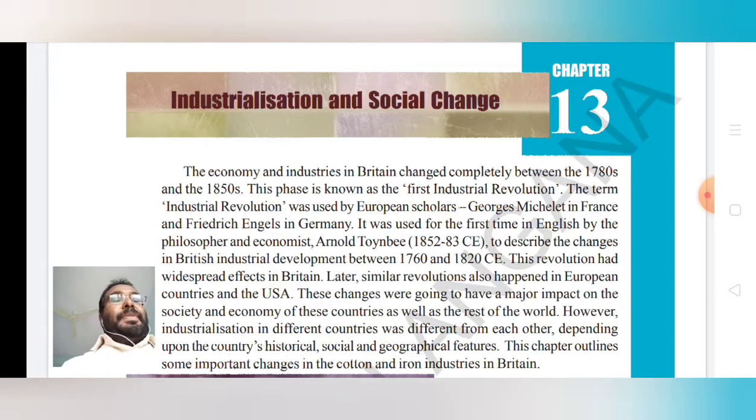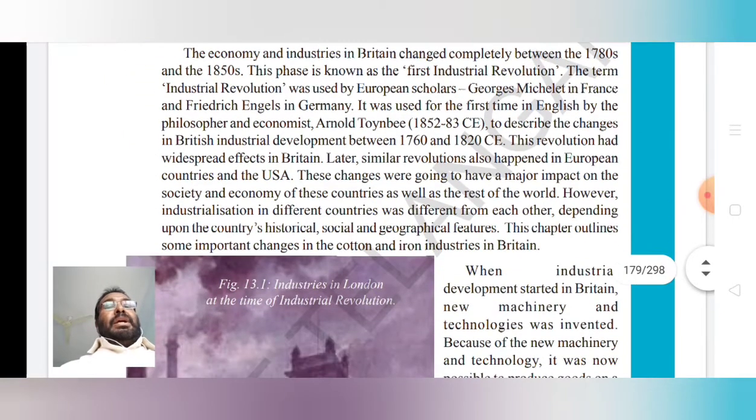In France, Georges Michelet, in Germany, Friedrich Engels, and Arnold Toynbee, a philosopher and economist, called it Industrial Revolution. Then first it happened in Britain. Then it happened in European countries and also in the USA.